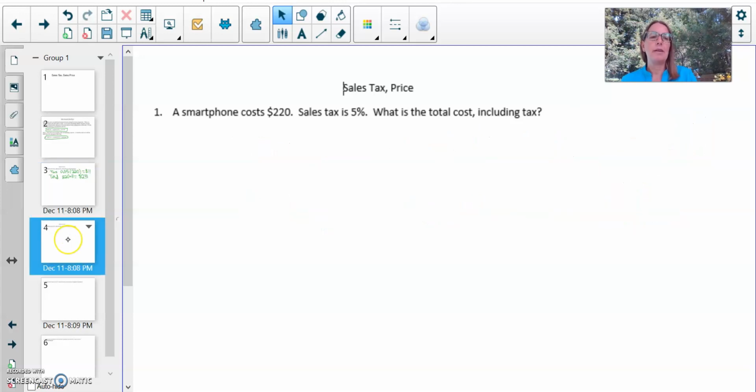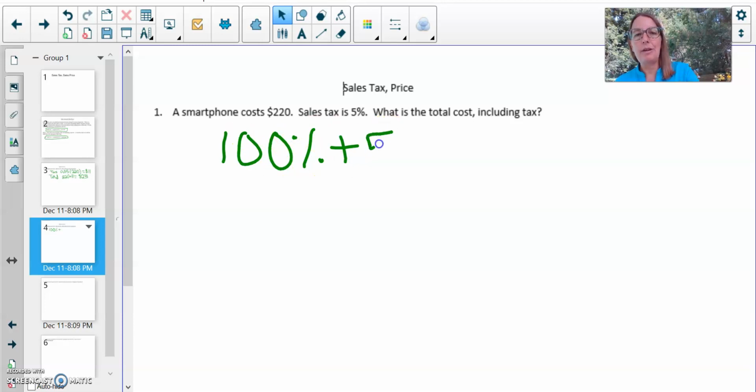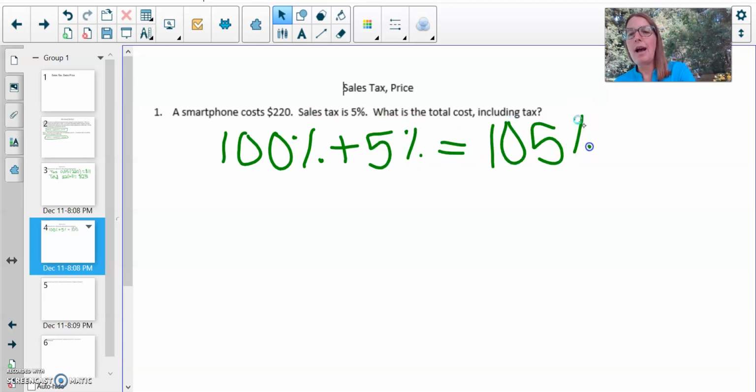The other method you can use is you can figure it out by looking at a percent increase. Tax is a percent increase, like a markup is. So I'm going to take my original 100% and add to it 5%. So I'm really paying for 105%. Change that to a decimal, 1.05.